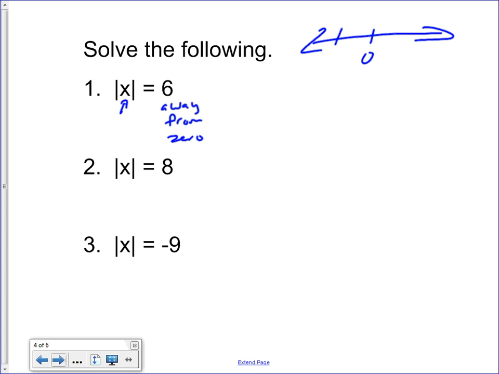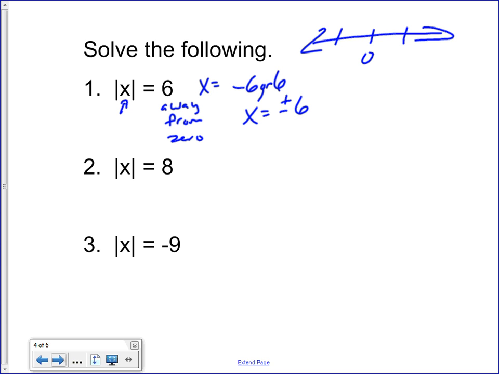Well, what numbers are 6 away from 0? I can think of, well, negative 6 is 6 away from 0, but also a positive 6. So we would have to say x equals negative 6 or a positive 6. Another way that we can write that is x equals positive or negative 6.